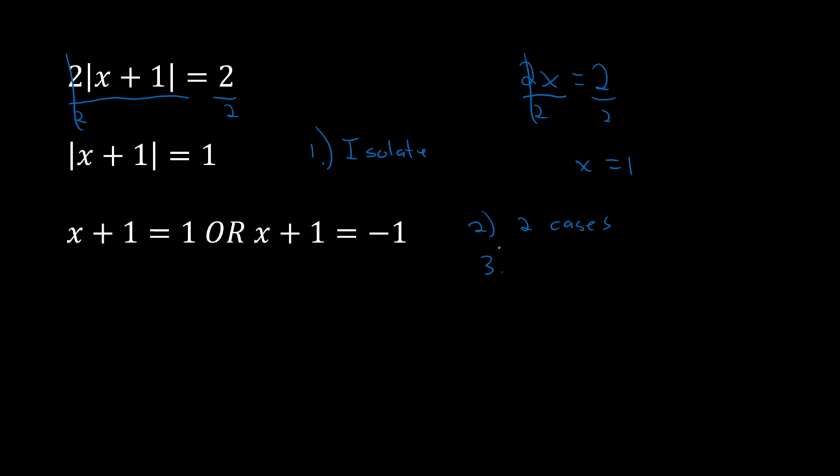To solve, we isolate the x. So we need to subtract 1 from both sides here. We get x equals 1 minus 1, which is going to be 0. And then same thing over here, subtract 1. We get x equals negative 1 minus 1, not minus 2, which should give you negative 2. So this would be your solution right there.